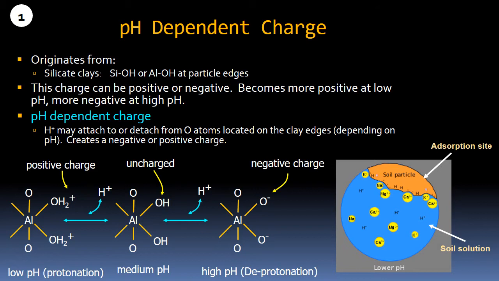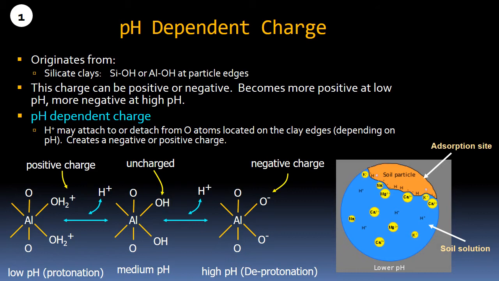Let's look at this chart down here. This one shows the octahedron. If you look at the center, you would find that you have a medium pH, and under a medium pH you have aluminum at the center of the octahedron, and at the edges you have hydroxide, for example, OH.